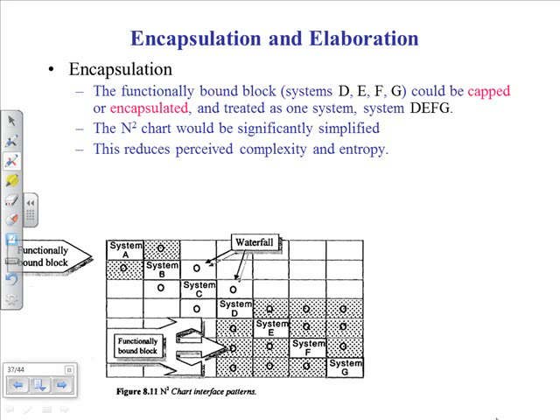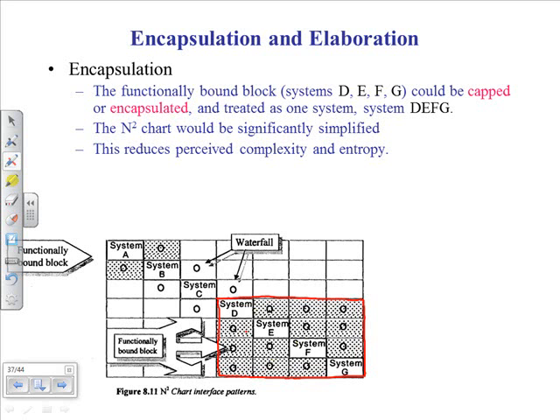The functionally bound block, for example, this one here, which comprises system D, E, F, and G, can be encapsulated. Meaning that instead of looking at it in detail like this, we can actually encapsulate it and look at it as just one system.